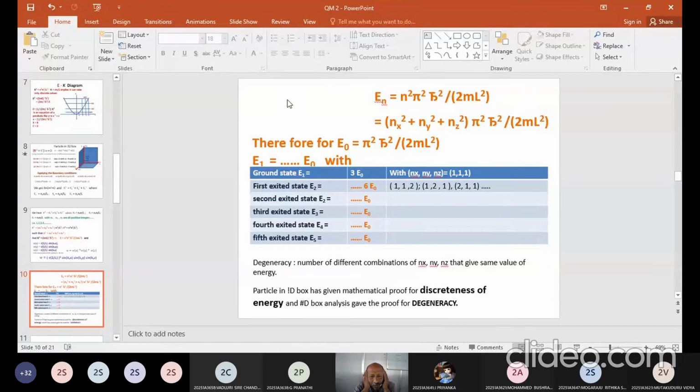Now I'm giving you some values. Between the energy 7 E naught and 13 E naught, how many energy states are there?